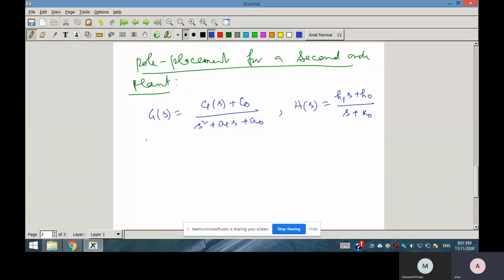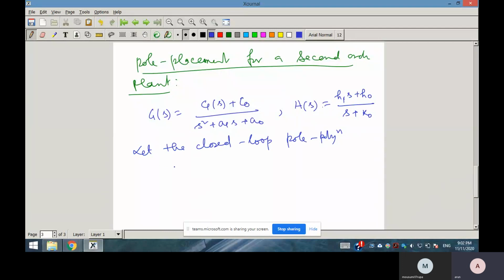Now the objective is to find k0, h0, and h1 given a closed loop pole polynomial. The closed loop pole polynomial order will be 3, since it is the numerator of 1 plus G(s)H(s), which is third order, 2 plus 1.